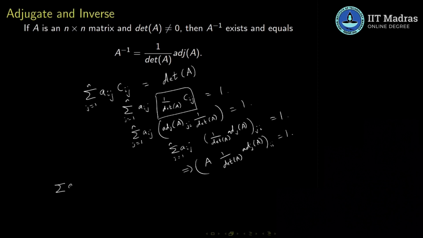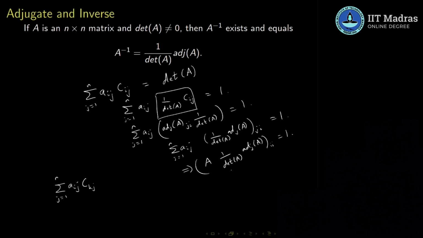So, for that we will have to do summation A_ij C, let us say, kj. Why do we care about this? Because if you work out in the same way, if you back calculate, you will get here. I will leave it to you to back calculate.